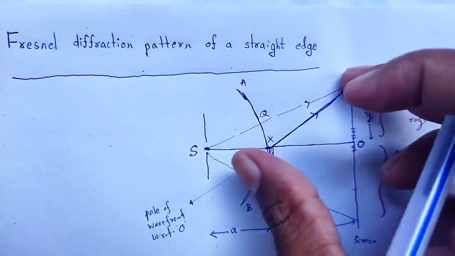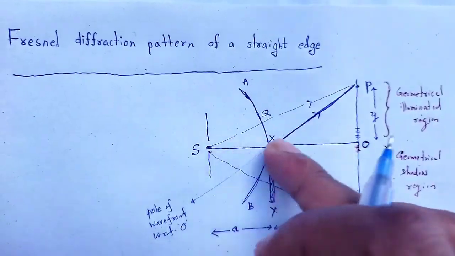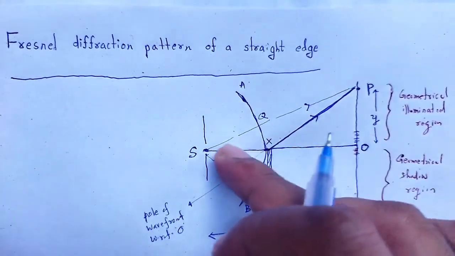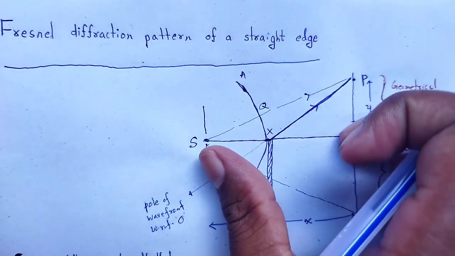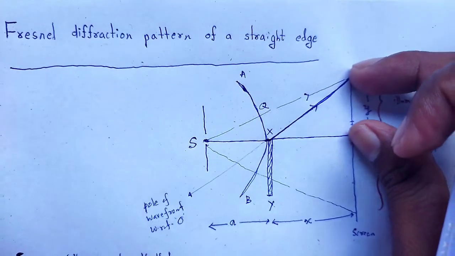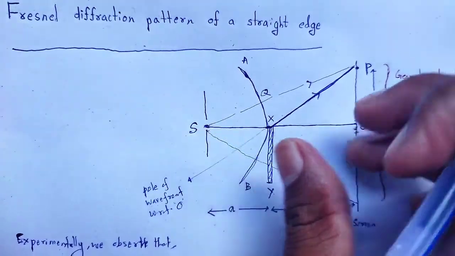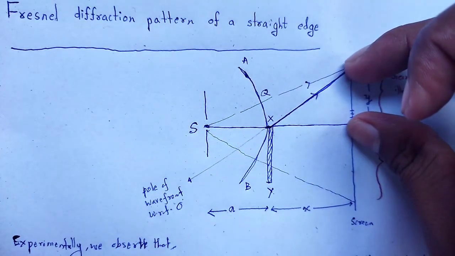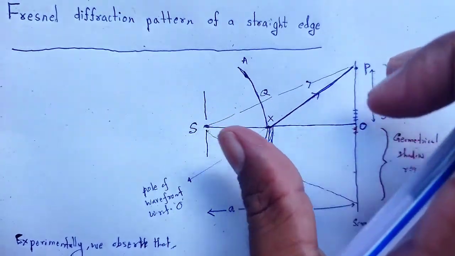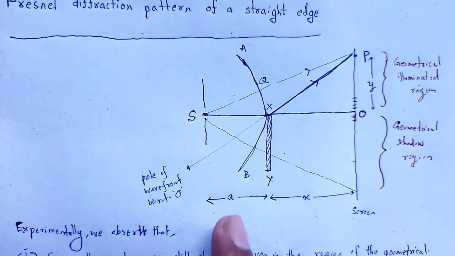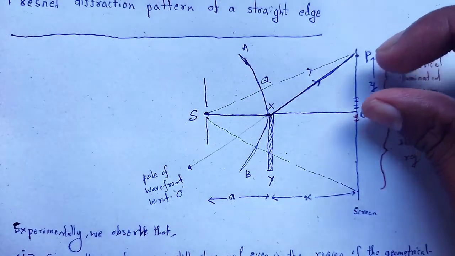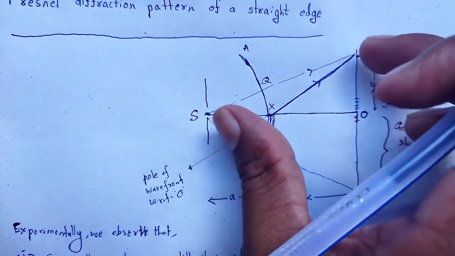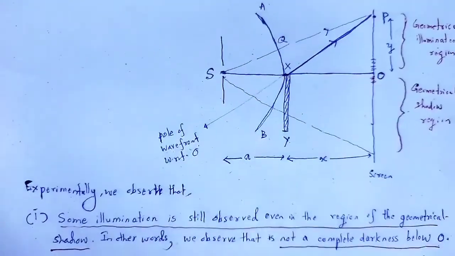The value of SP, look at that particular triangle SPO: this one is the hypotenuse, this one is the base, that one is the perpendicular. So this square plus that square is equal to the square of the hypotenuse. That square is a plus x whole square, plus y square, equal to the square of the hypotenuse.